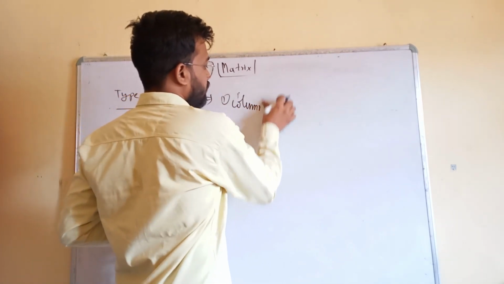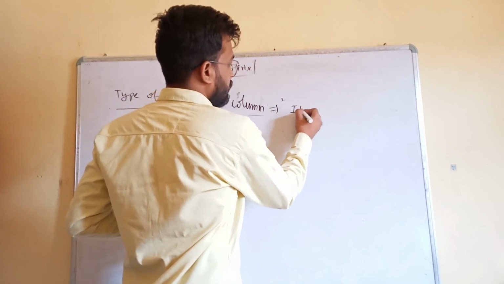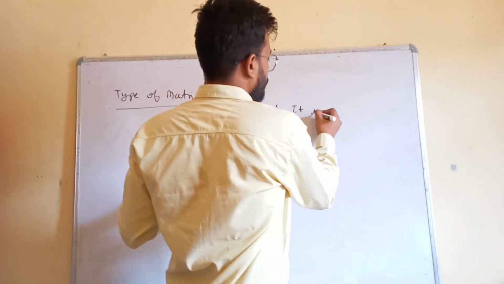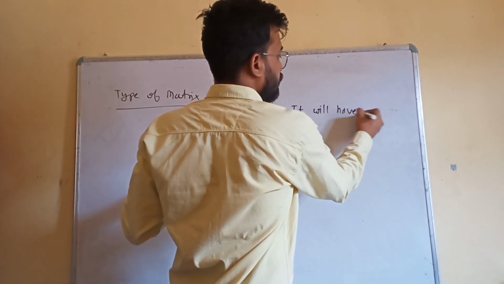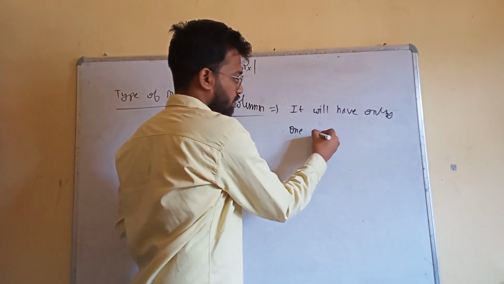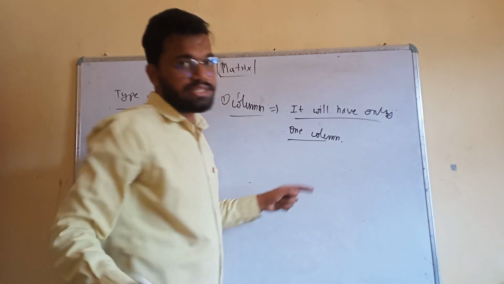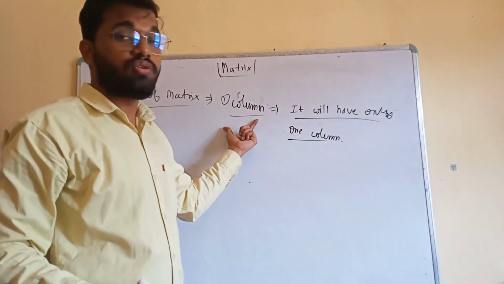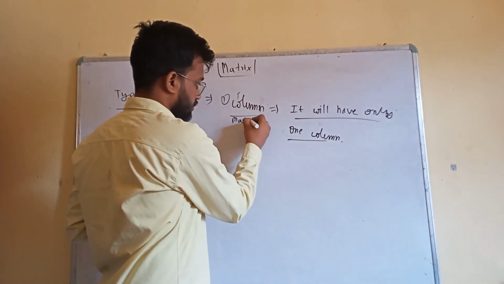there will be only one column. A matrix that has only one column is called a column matrix.